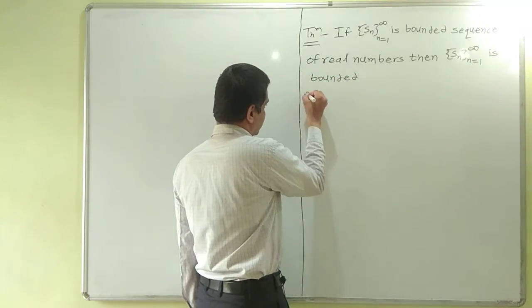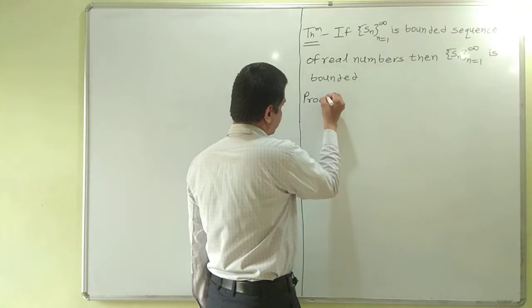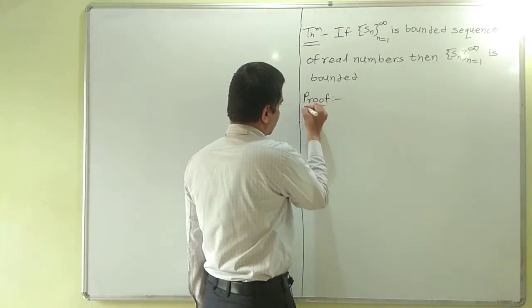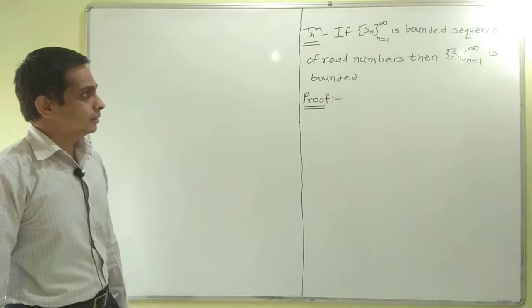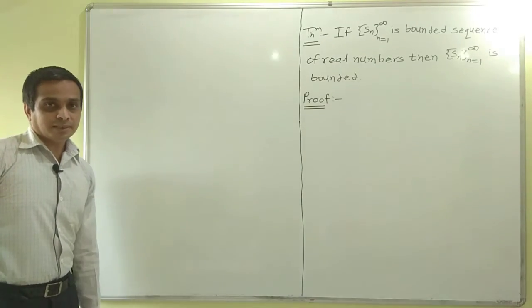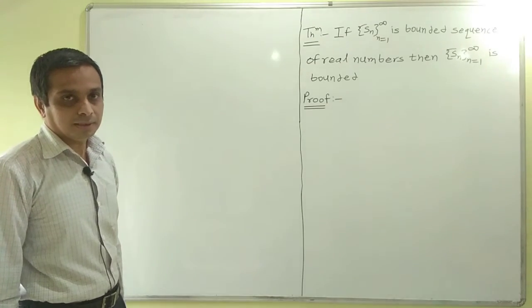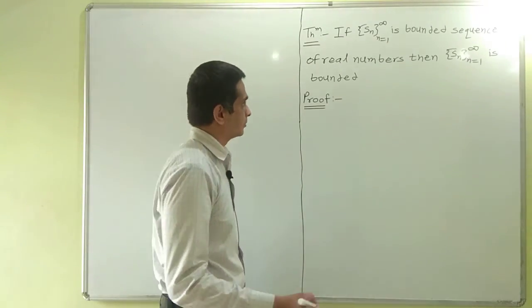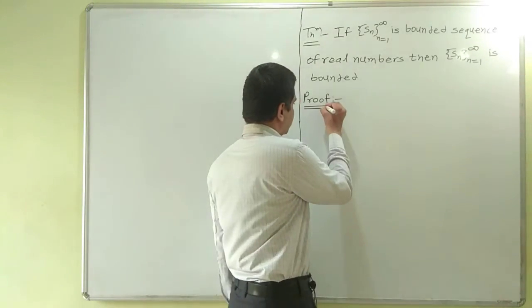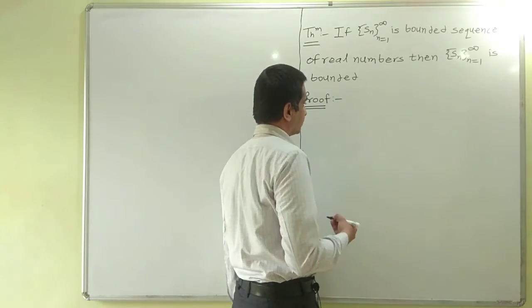In words, we can describe this theorem as: every convergent sequence of real numbers is bounded. Let us see the proof of this.